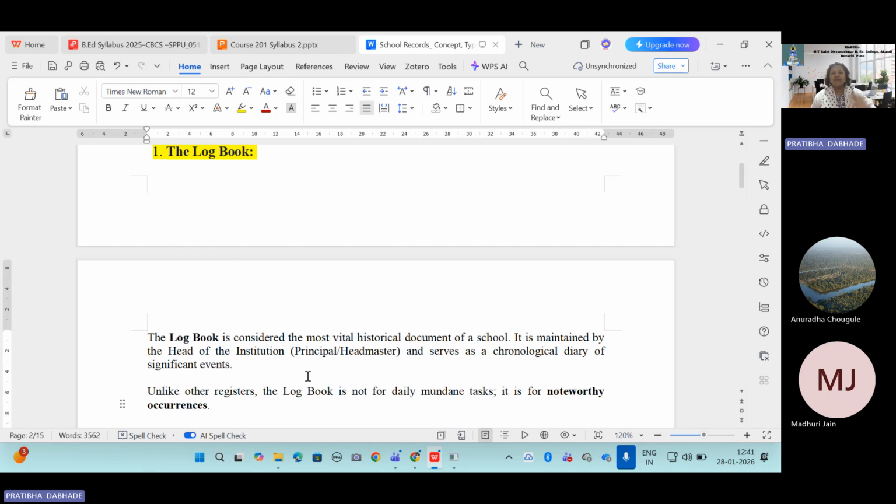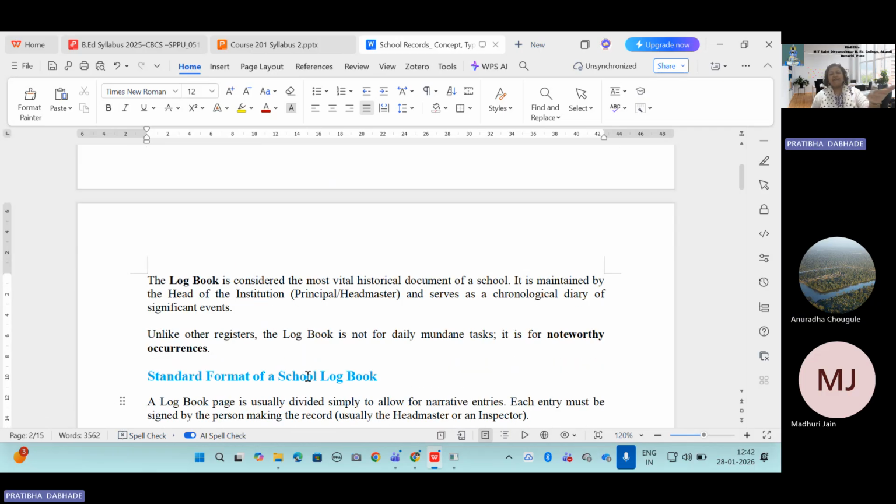What do you mean by chronology? It is like a diary from earlier, from the school's history, from whenever the school was established.